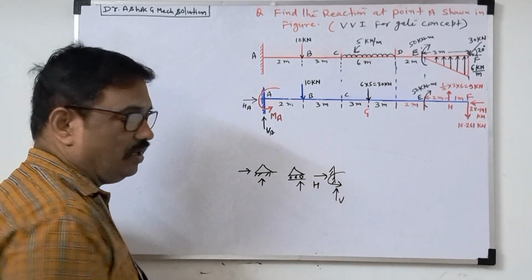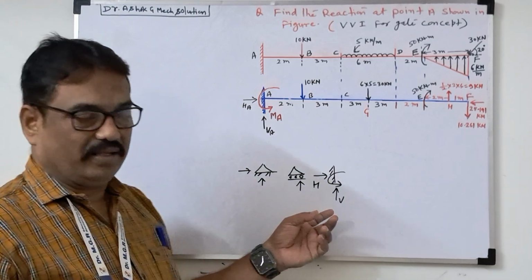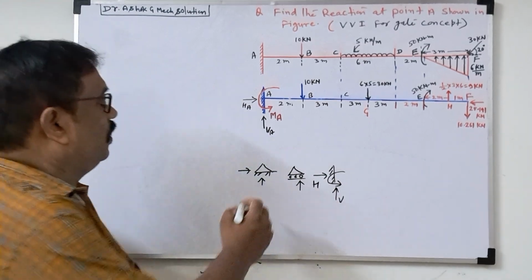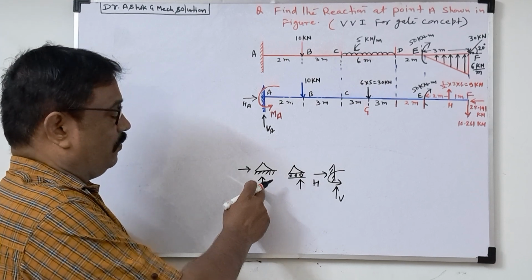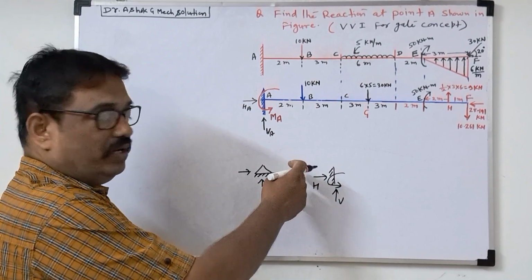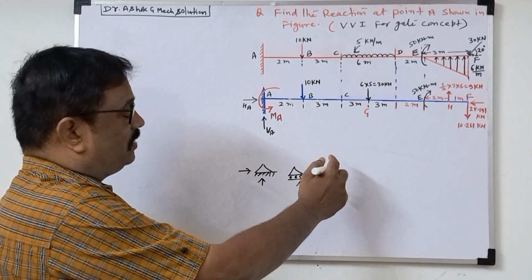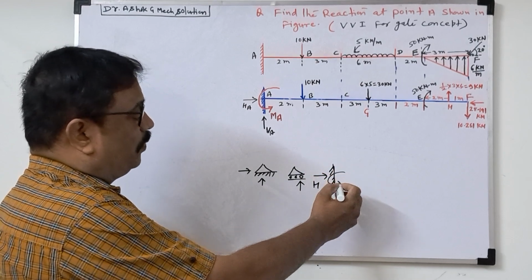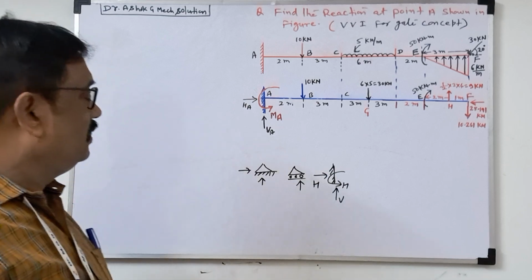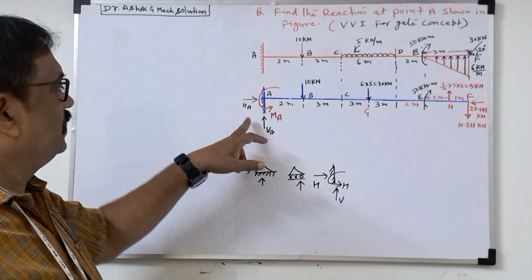Three reactions will act. This you should know. Hinge means two reactions, vertical and horizontal. Roller has only a vertical reaction. Fixed has horizontal, vertical and moment. Three reactions will act. This is the first basic concept.